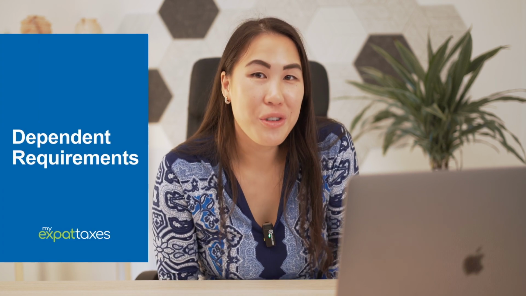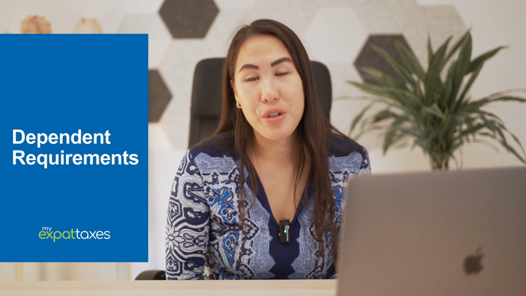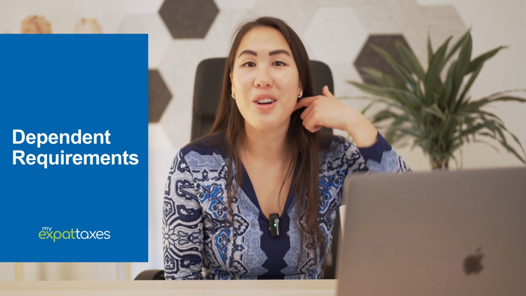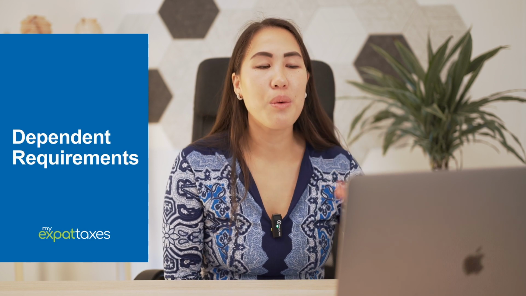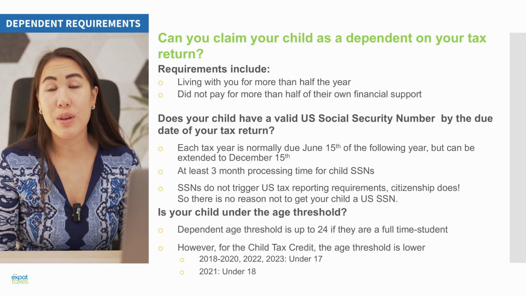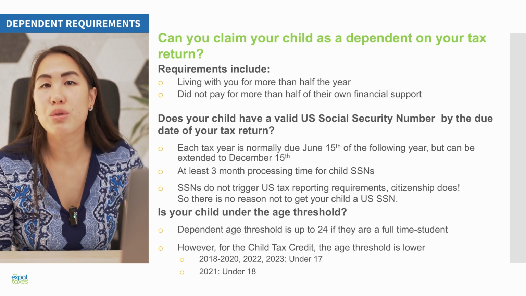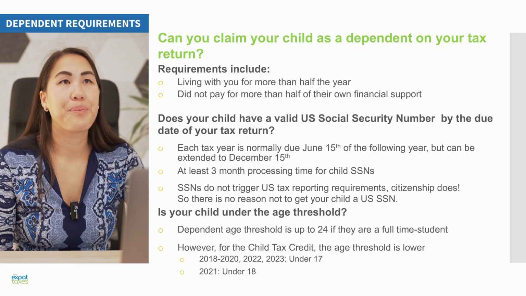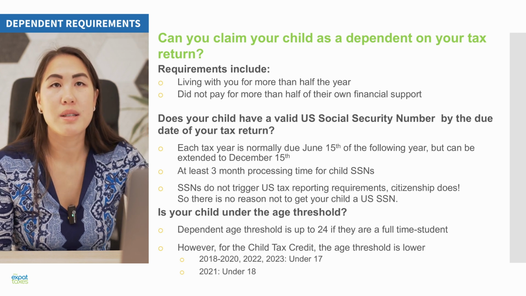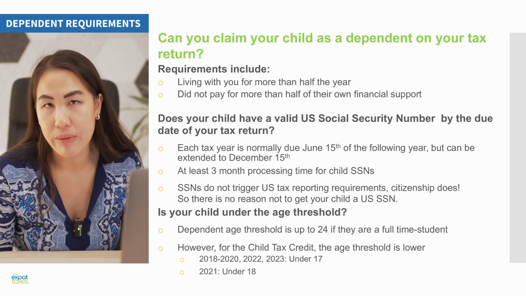So, next question, which children can you claim, right? Are your children actually seen as dependents on your US tax return? So a couple of requirements, obviously they should be living with you for more than half the year, and keeping in mind that if they went to school somewhere or they went to summer camp or something, that still counts as living with you, right?